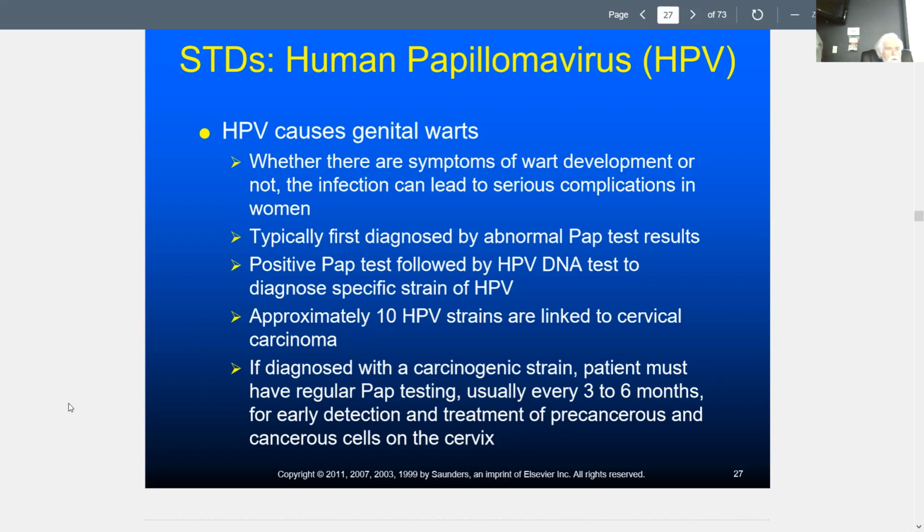And genital warts used to be, again, something that we saw mainly in the male homosexual community, but we also now see it in women as well, a growing problem. And it's not just the genitalia.